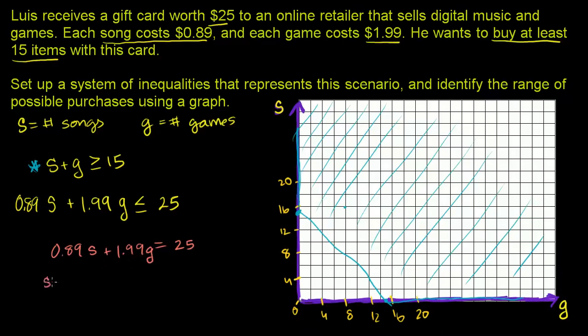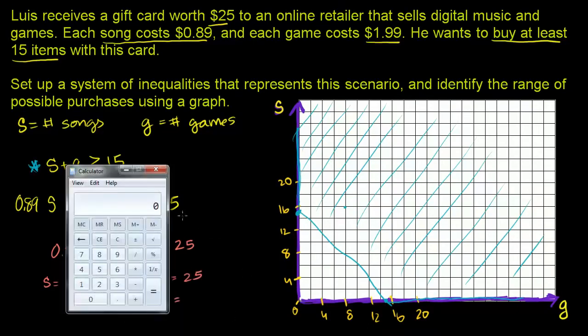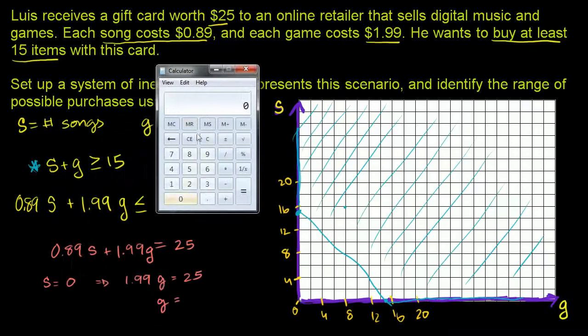So if s is equal to 0, then we have 199g is equal to 25, or g is equal to, let's get a calculator out for this. If we take 25 divided by 199, it is 12.56.